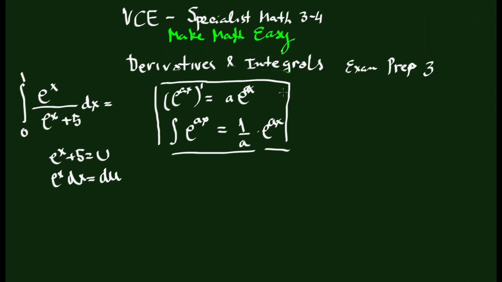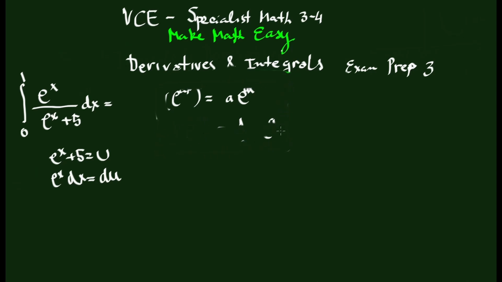And our integral becomes, first, when x is 0, we have e to the power of 0 is 1, so u is equal to 6.